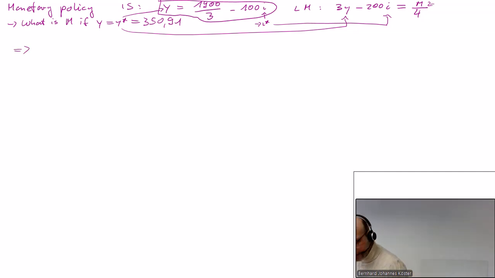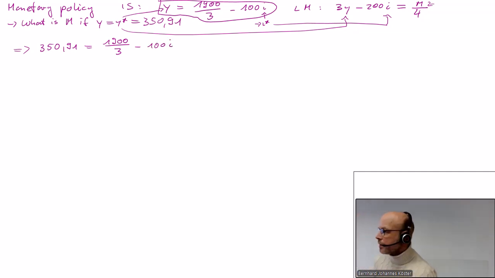So this means we have 350.91 equals 1900 over 3 minus 100i. This we solve for i.